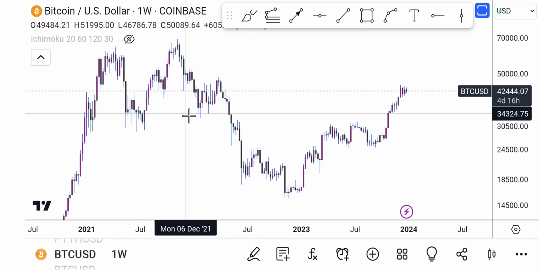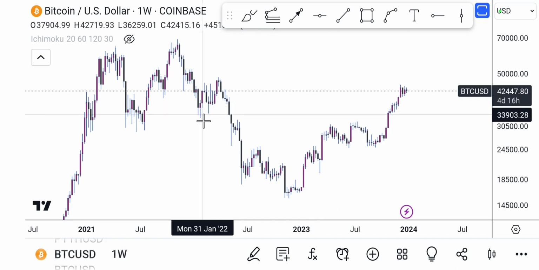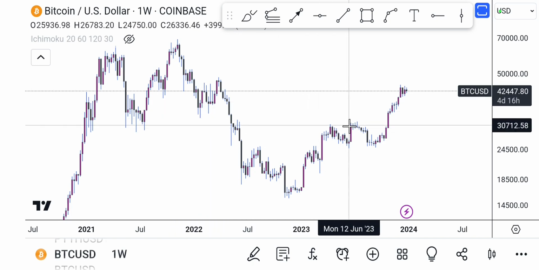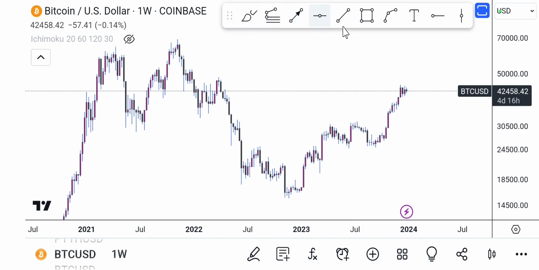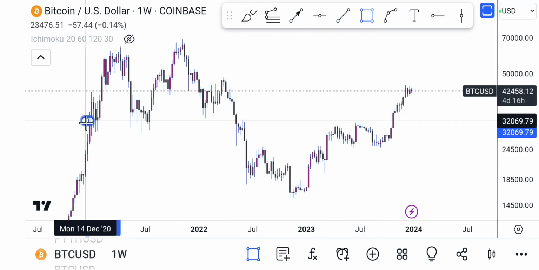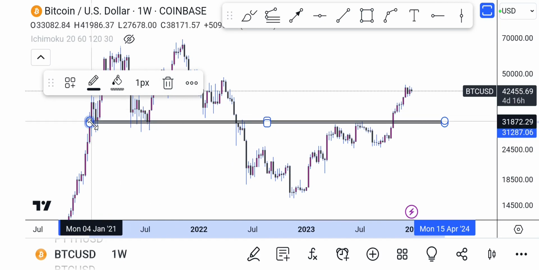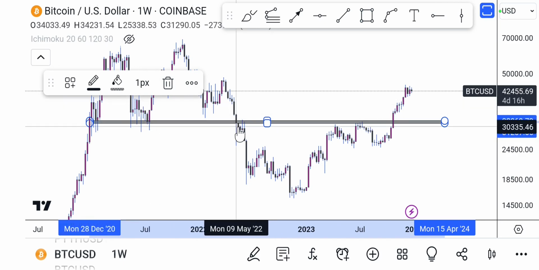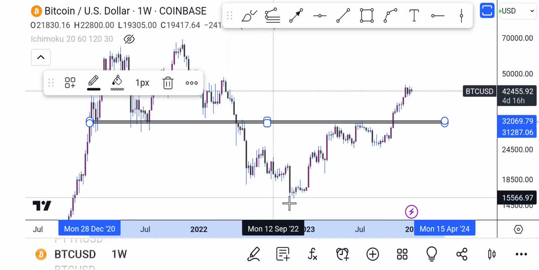Take note of this: each and every candlestick you're seeing here opens and closes every week. So let's point out those levels of support and resistance. First thing first, I would love to draw this, which is pointing at support, and price finally broke through the support and tested it, and support turned into future resistance.